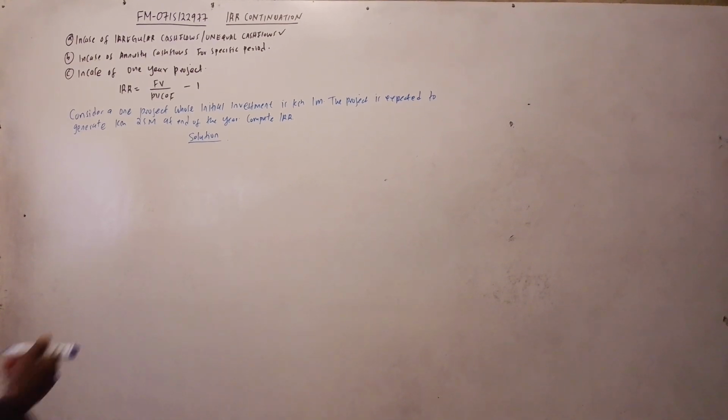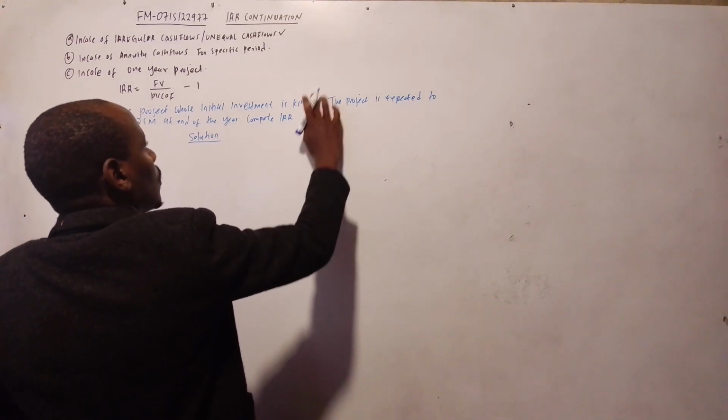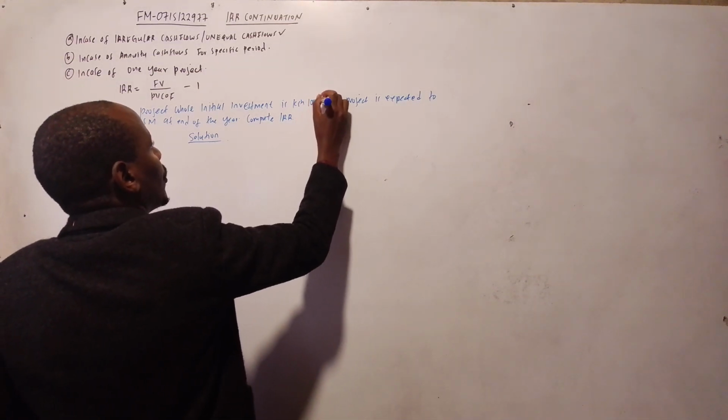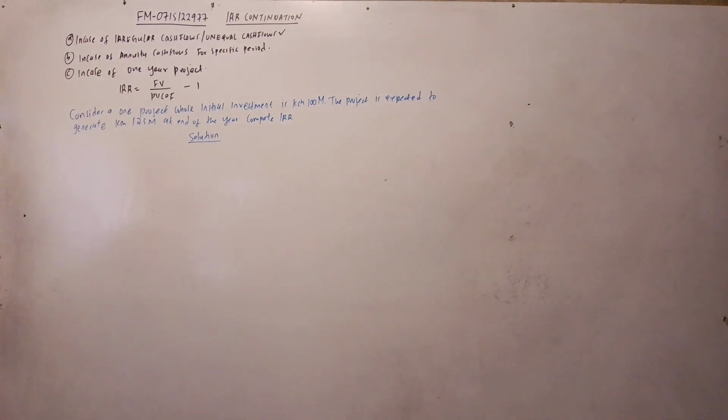So consider a project which has an initial investment of, this is supposed to be 100 million. So consider a project whose investment is Kenya shillings 100 million. The project is expected to generate a cash flow of 125 million at the end of the year. So at the end of the year, kumaanisha it is only for 1 year project.